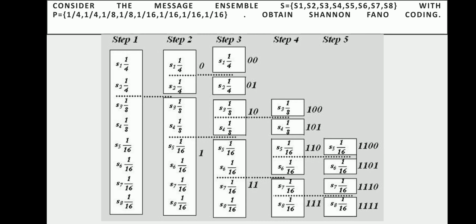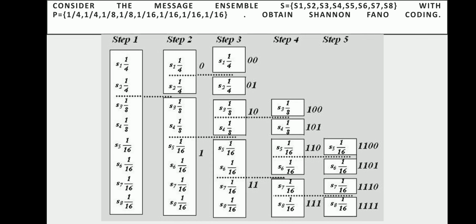All the symbols' probabilities are 1 by 16 each, so we can group two symbols together. That means S5, S6 together and S7, S8 together. Now at step 3, the code of all these symbols is 11. So at step 4, S5, S6 code is 110 and S7, S8 code is 111.